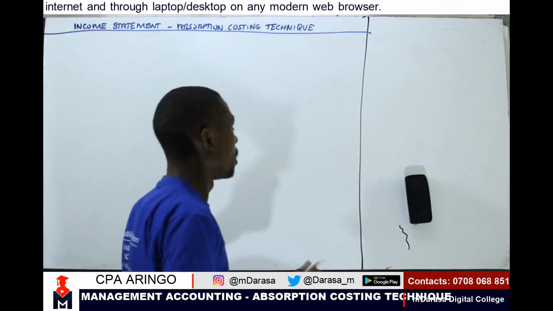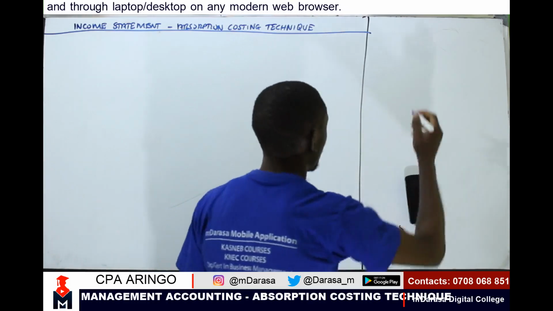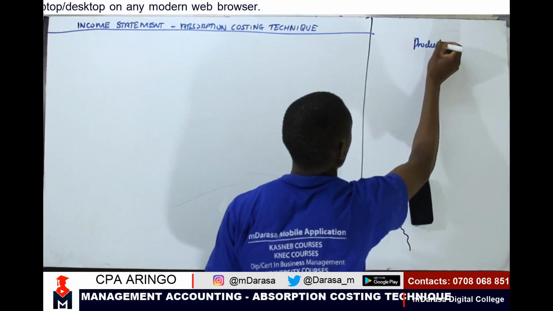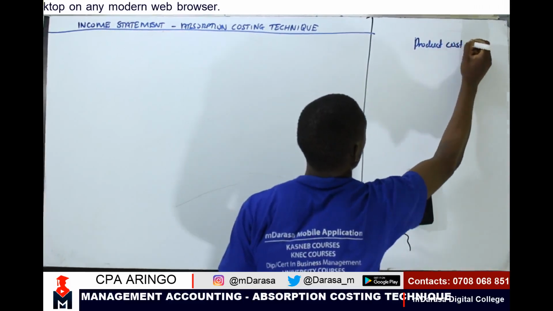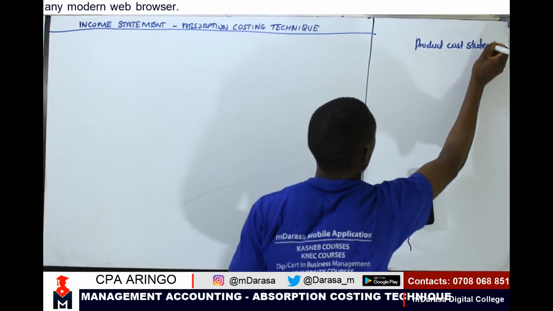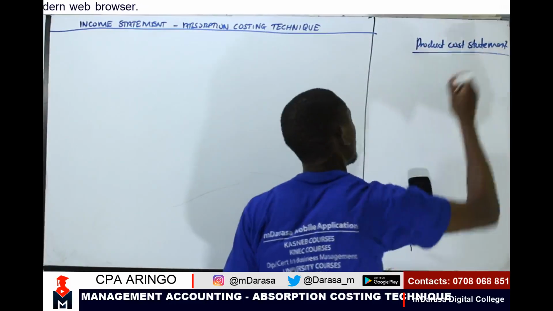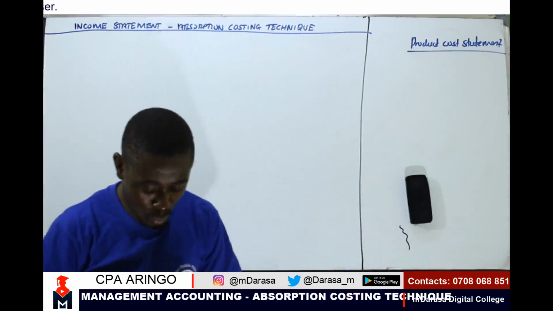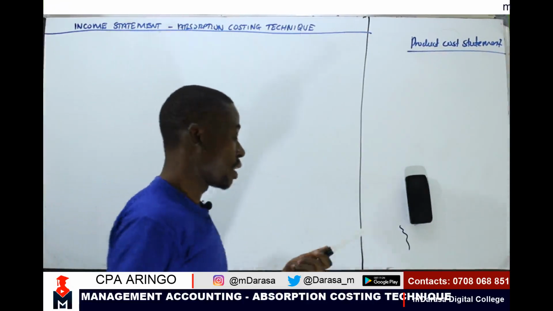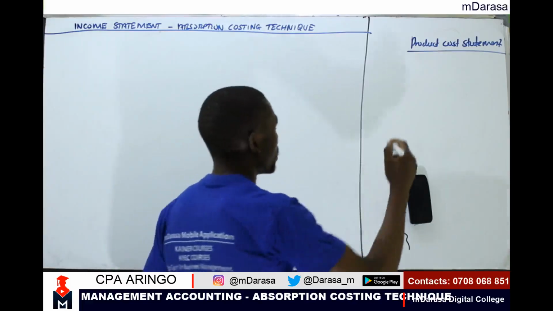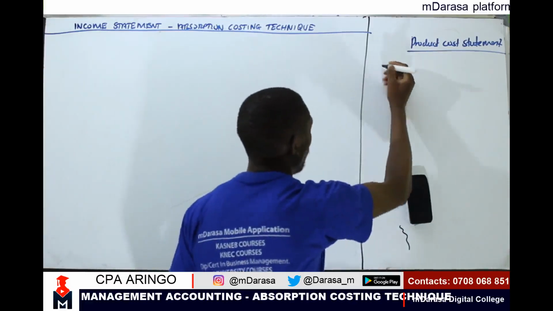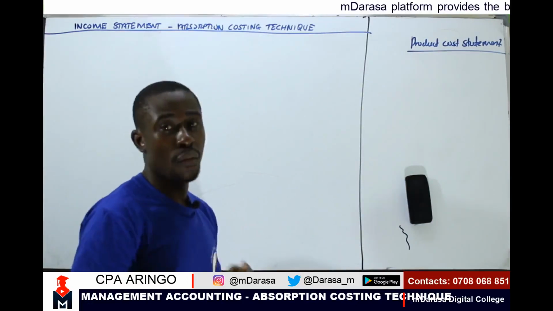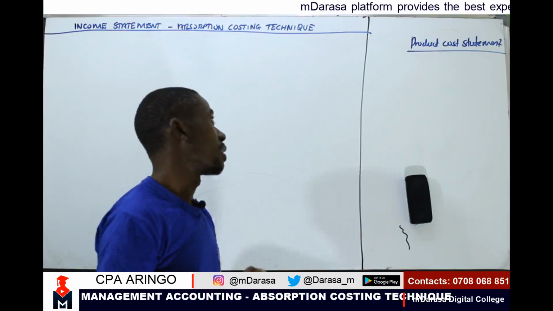So, preparing your product cost statement. In this case we are using absorption, and if you can recall, it is going to comprise all the variable costs, variable overhead costs, and fixed production overhead costs.